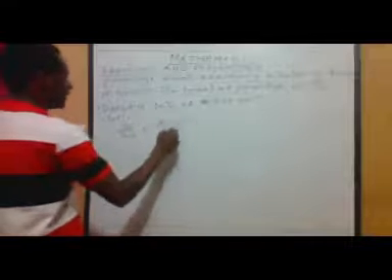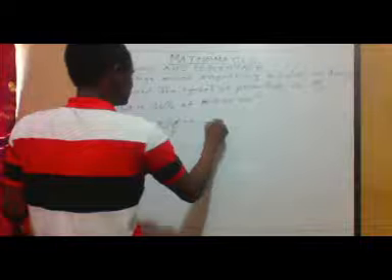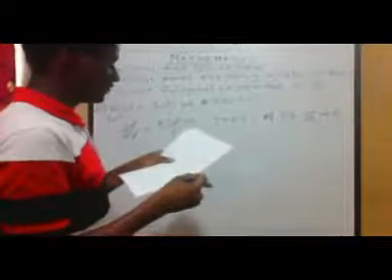Solution to this: 30% of 450 naira means 30 divided by 100 times 450 divided by 1. 0 will cancel 0, 0 will cancel 0. So that means I'm having 3 times 45, and that will be 135 naira.